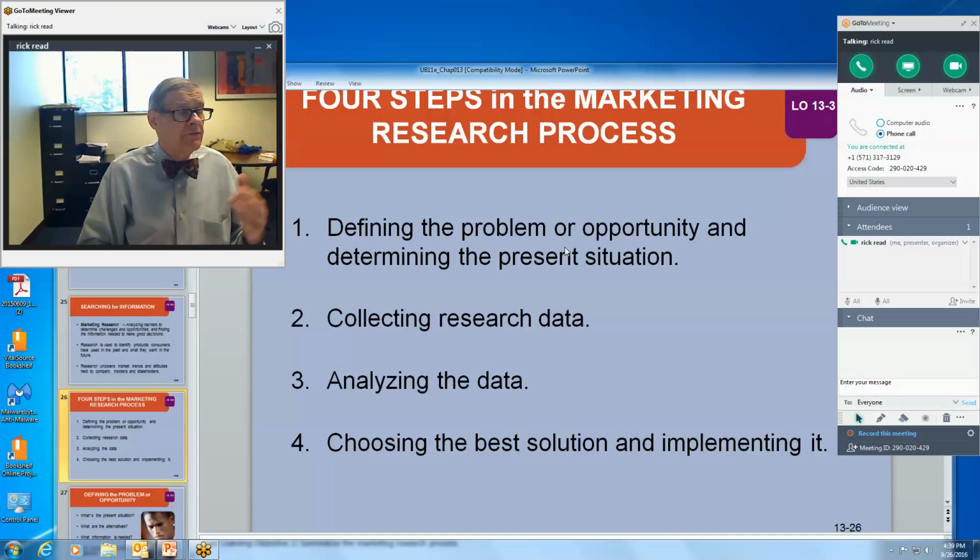So you have to get the data that you need, the research data. That data must be analyzed and turned into useful information. And then you have to choose among alternatives to decide what is best, implement that solution, and then follow up and find out if that was the right solution to have implemented.